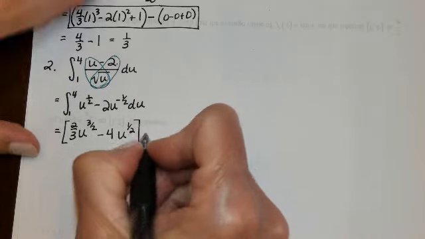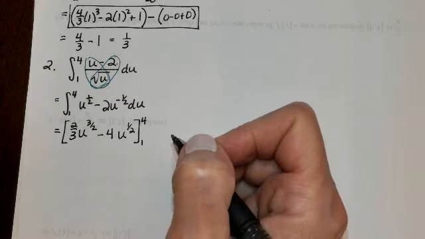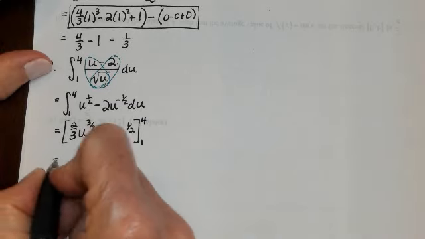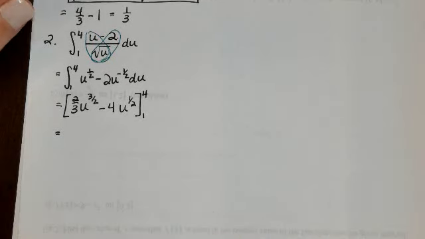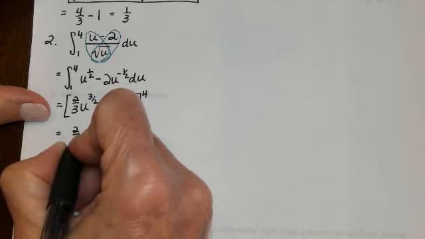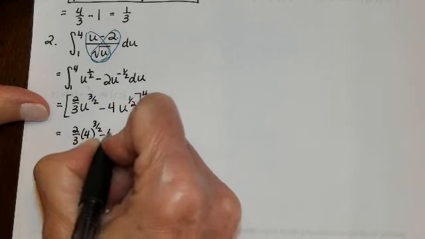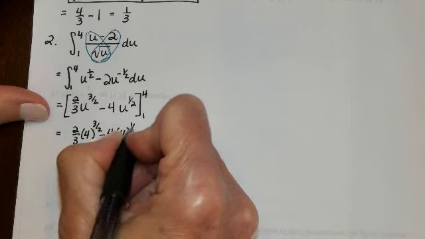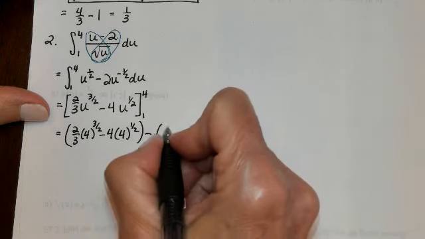And then we evaluate this from 1 to 4. Okay? Now, if this was free response, and it won't be, but if this was free response, all we would have to do is put the 4 in, and then subtract and put the 1 in.